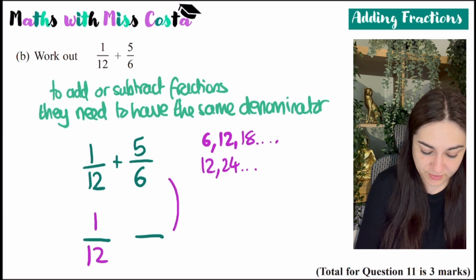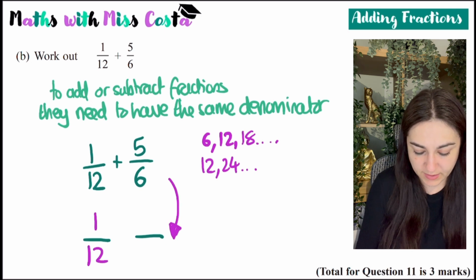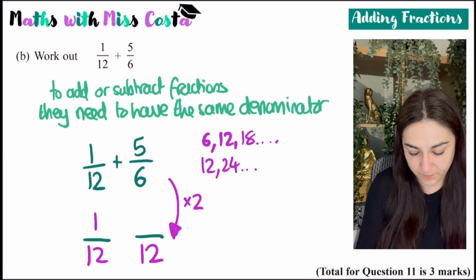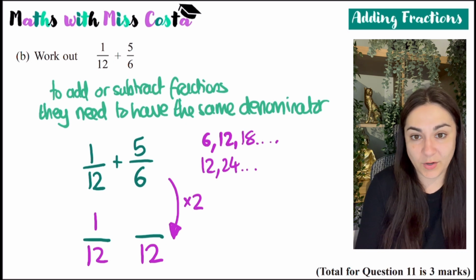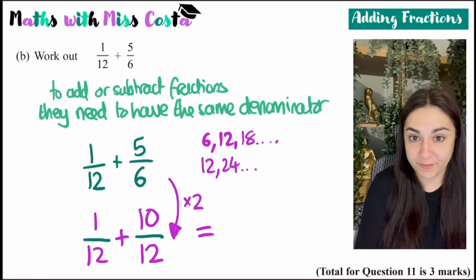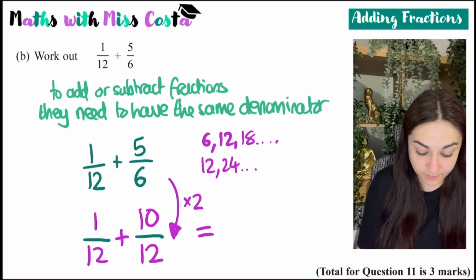So I don't need to change this fraction, because all I want to do is turn this fraction into a fraction out of 12. I can do that by multiplying 6 by 2. And whatever you do to the denominator, you have to do to the numerator. So 5 times 2 is 10. Now that the fractions have the same denominator, you can just add them.